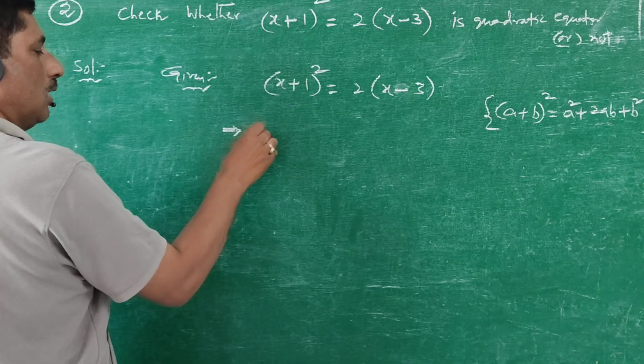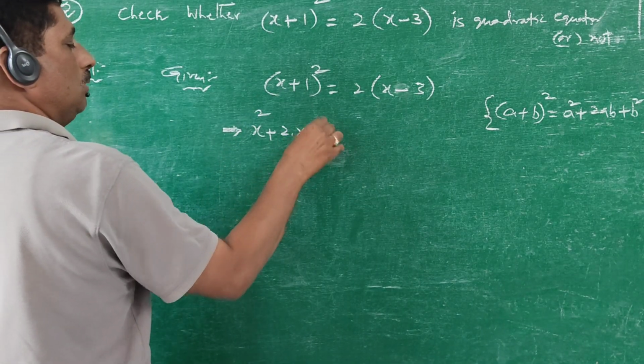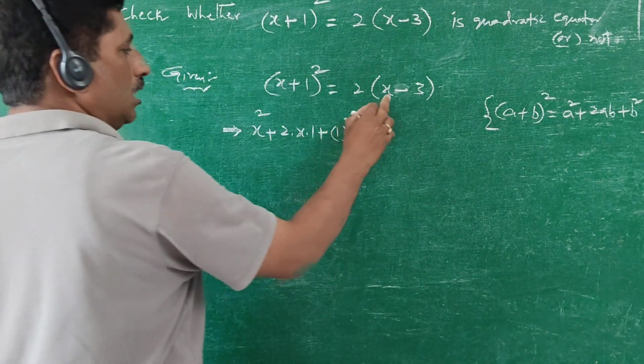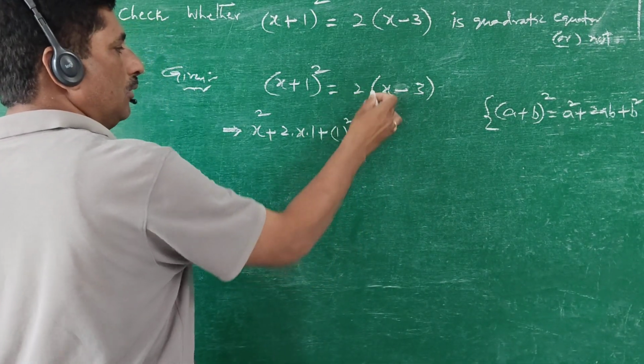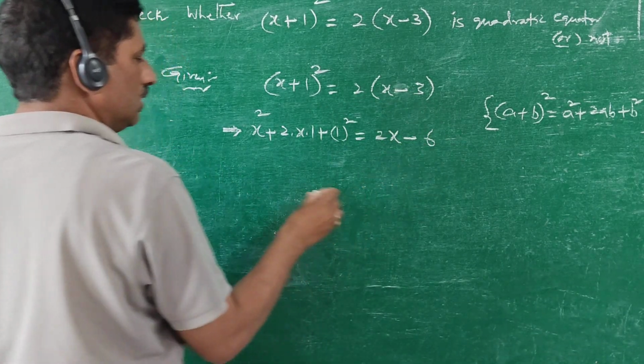So a square, plus 2 into a value x into b value 1, plus b square, which is 1 square, equals, multiplying what is inside the brackets with 2, 2x plus 2 into minus 3, which is minus 6.